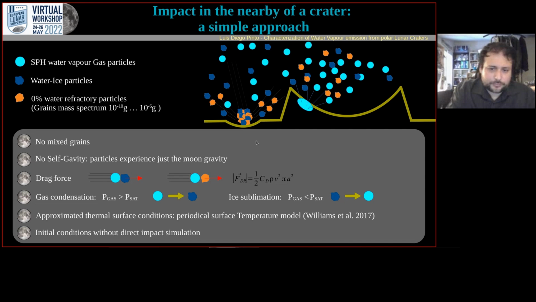Here we use a lot of approximations, especially that there is no self-gravity, so the gas feels just the moon gravity. We have also a drag force, which plays an important role because it makes the gas interact with either the ice particles or the dust particles.